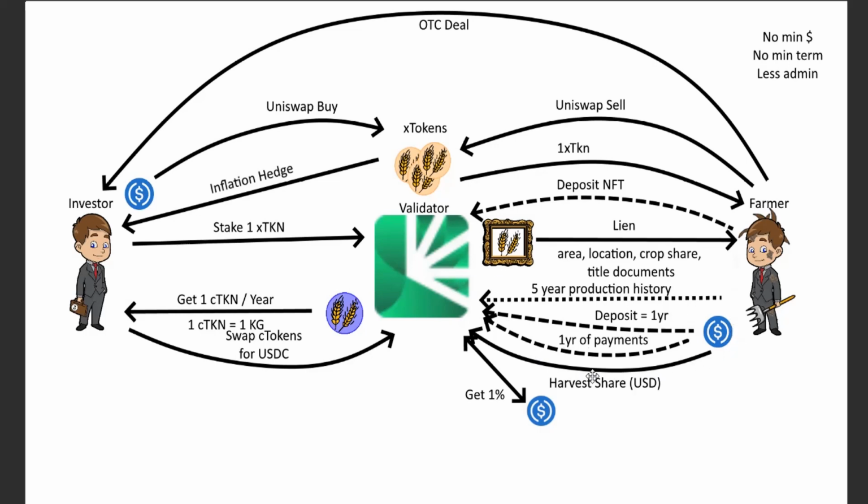So maybe he sends these US dollars to the validator's bank or some sort of system in place where these US dollars are converted to USDC. Now, this is where the validator gets paid: he takes 1% of this share, right? So it's in his best interest to make sure this farmer can pay, that he gets a good sizable crop share from that farmer, and that the farmer is willing to participate and keeps them happy.